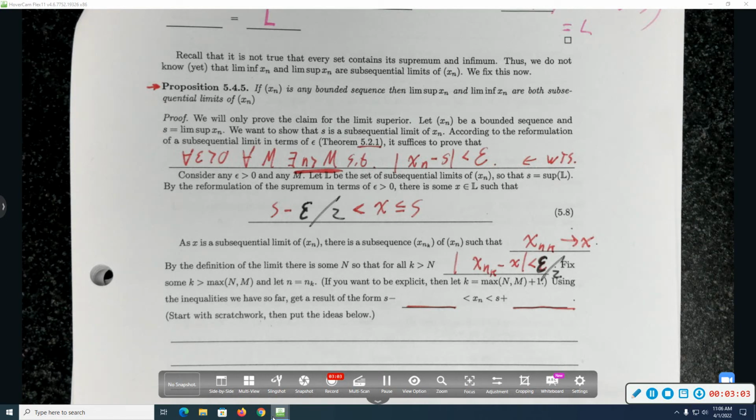I think I really want this difference to be epsilon over 2, and that difference to be epsilon over 2. That change will be made up there in a moment. Well, let's write down the next thing.